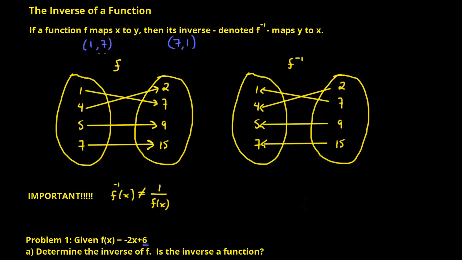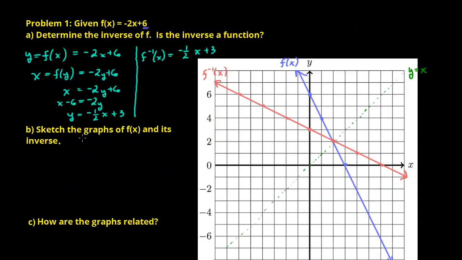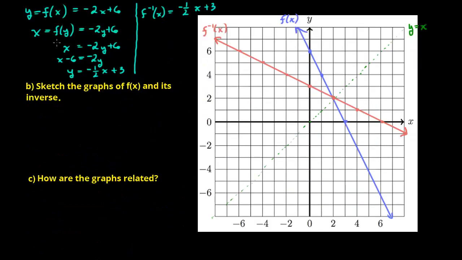So the x and the y values actually swap here. So if you have the graph of f of x and you want to graph its inverse, you can just swap all the x and y values of the individual coordinates, and that'll give you the graph of the inverse.